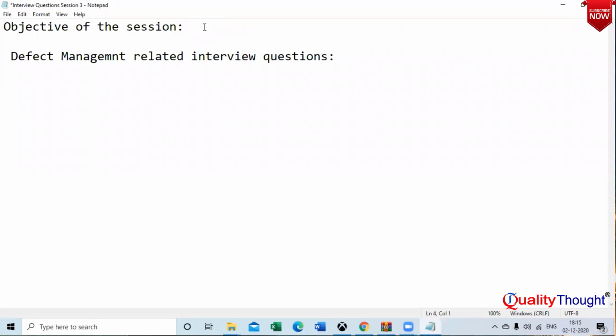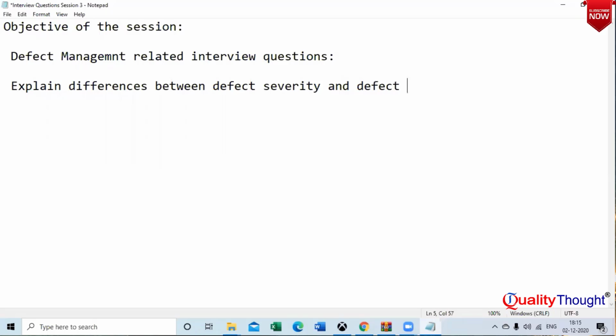So there are a few defects which are tricky, especially: explain differences between defect severity and defect priority.